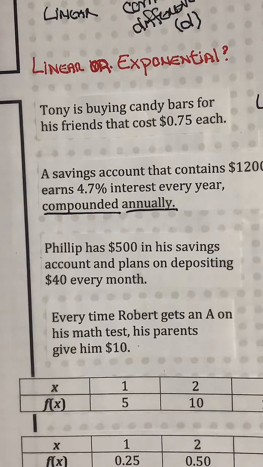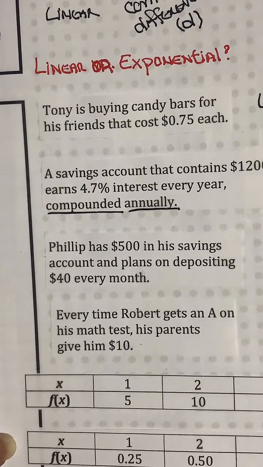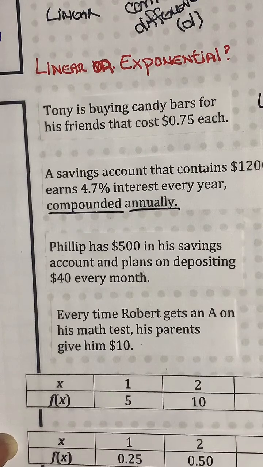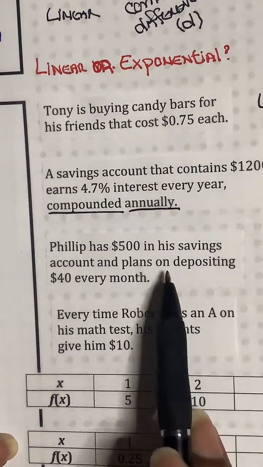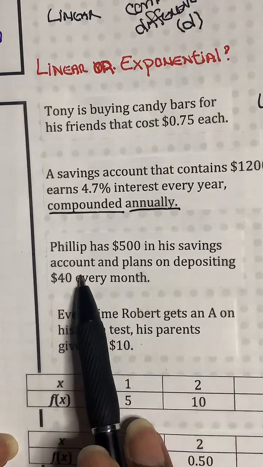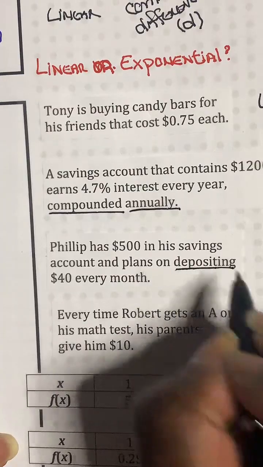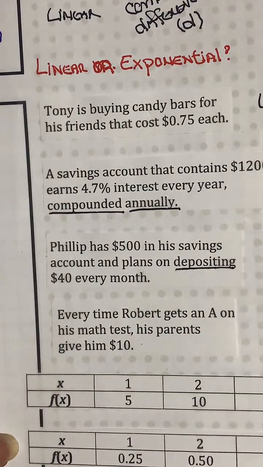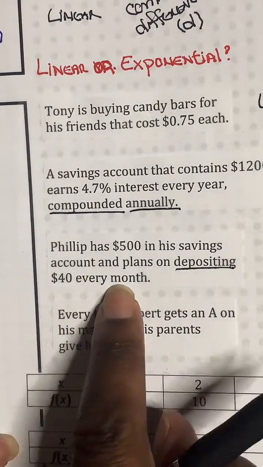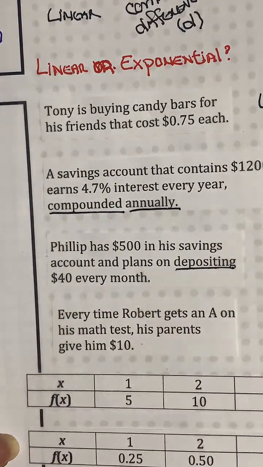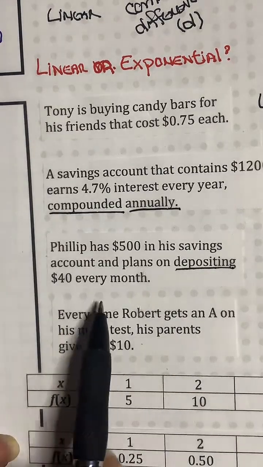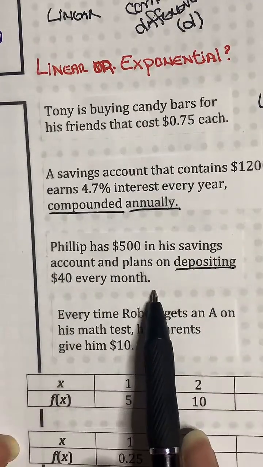Some people are saying it's decreasing, some people are saying it's increasing. Which is it? He has a savings account and he plans on depositing, not withdrawing. If he's depositing $40 every month, the money's coming out of his pocket, so it feels like it's decreasing, but we're talking about the account itself.